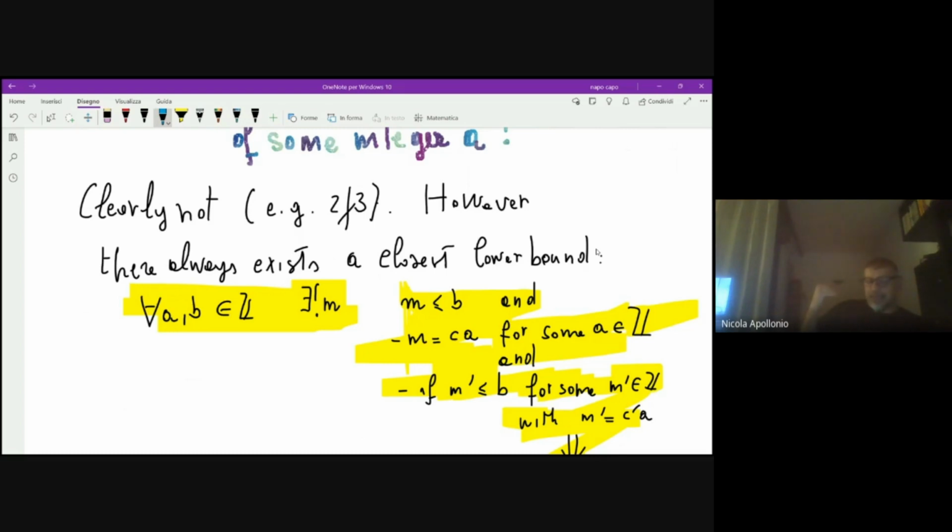This is what lower bound means: an approximation from below, such that m is a multiple of a.